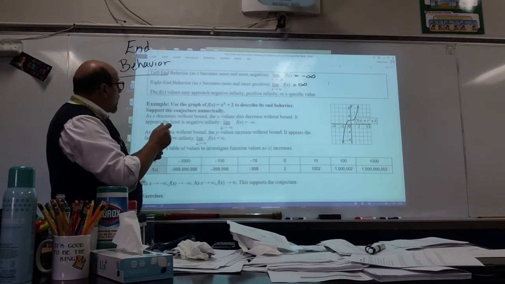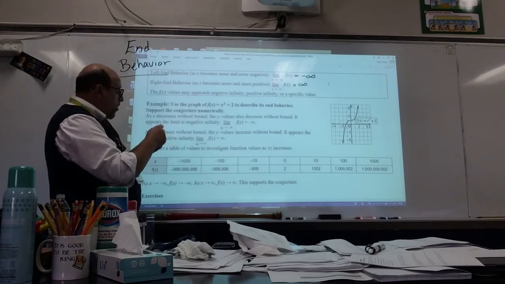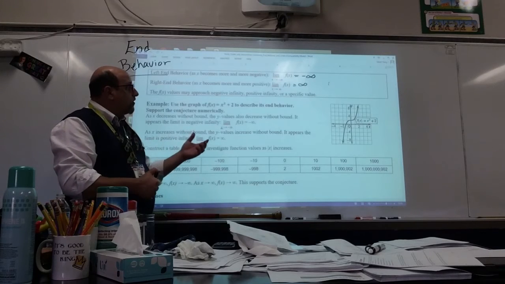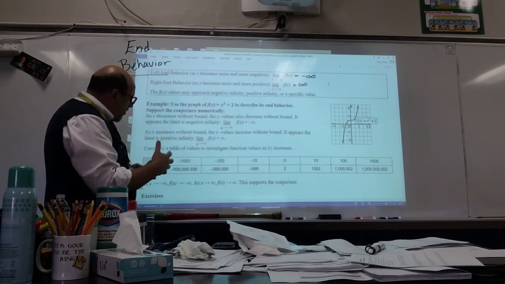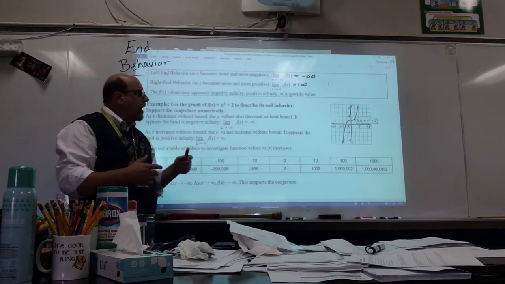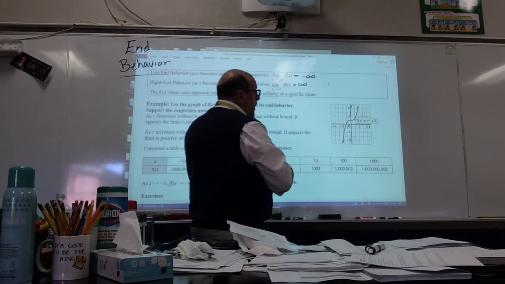You're able to look at the graph and see where this function is going to end, if there are arrows on the end. There are certain circumstances where you'll have an endpoint, right?